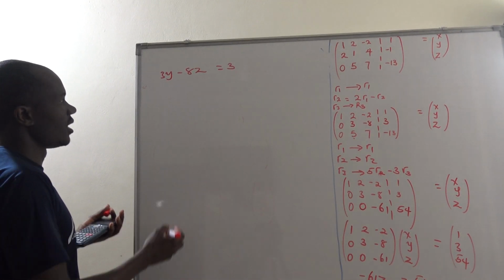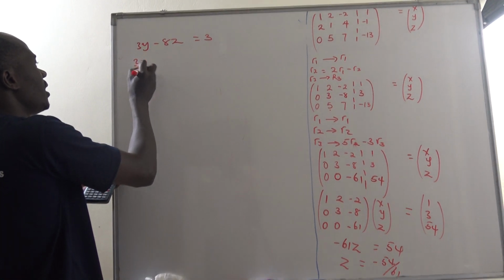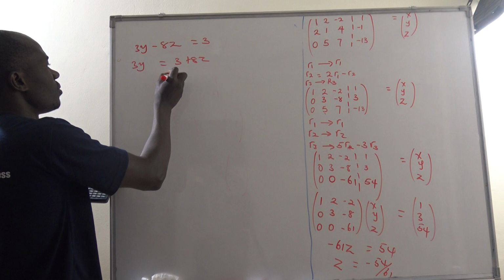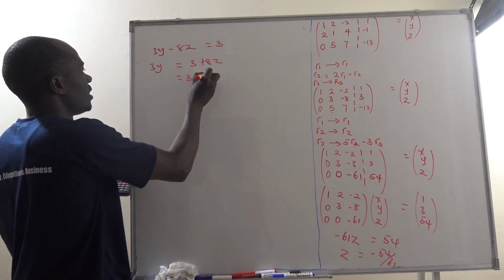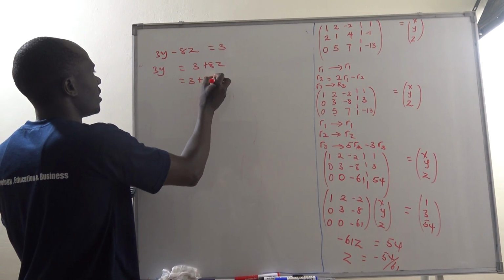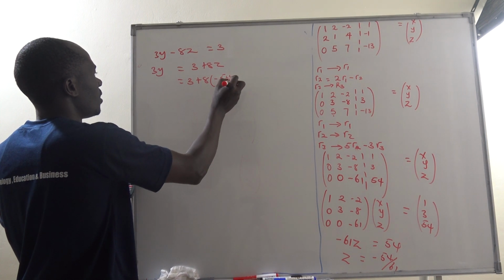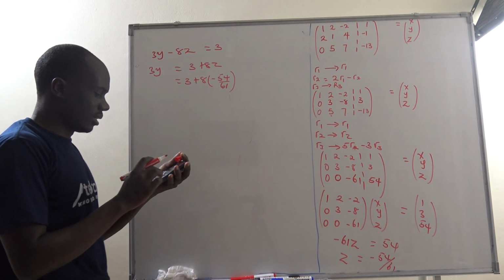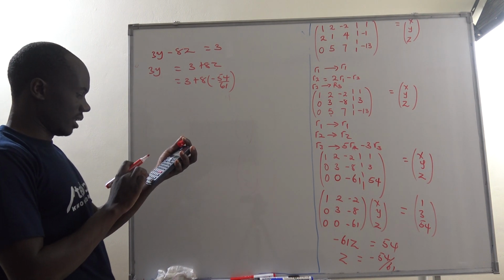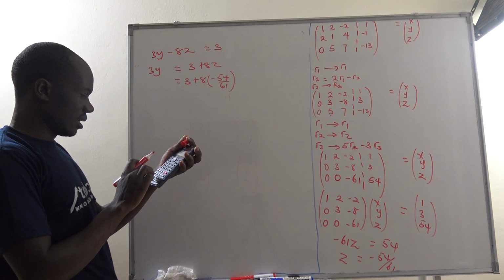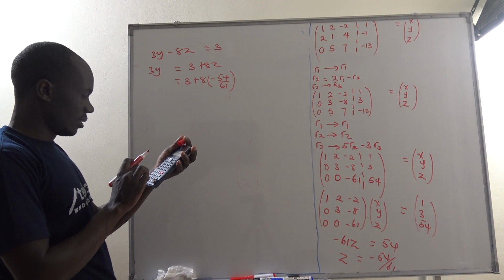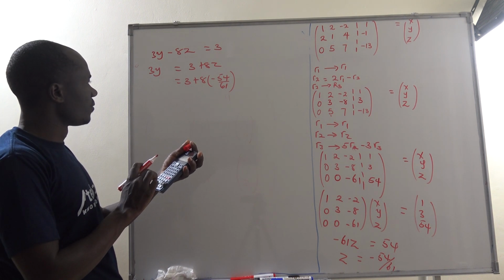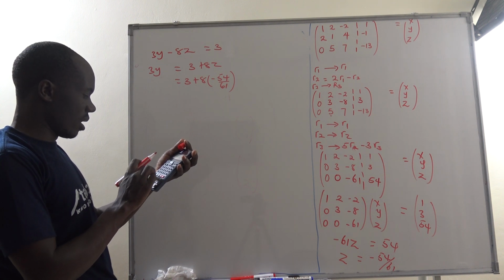We know the value of z. You can substitute, you get 3y equals 3 plus 8z, which becomes 3 plus 8 into negative 54 out of 61. So, can we substitute it there? We have got 3 plus 8 into negative 54 out of 61.